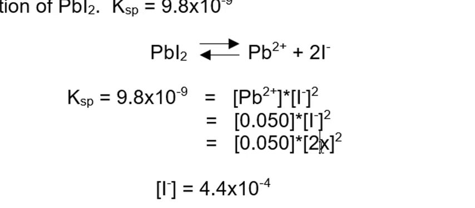So I encourage you to plug in 2x here and then proceed and solve the problem. And when you get x, remember that x is not the concentration of the iodide. It's in fact half of it. So you have to multiply the x by 2 and you'll get this number here. But just to make the math a little bit easier, for these kinds of problems we could just plug in x.